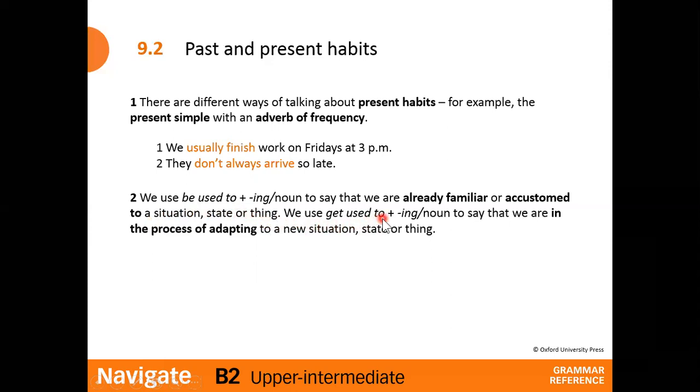We use get used to plus ing, or noun, to say that we are in the process of adapting to a new situation, state, or thing. Okay, so I will go back. There is be used to plus verb ing, and it means you're already familiar or accustomed. You have adapted a habit already. But get used to plus verb ing means you are adapting. You're in the process of adapting to a new situation.